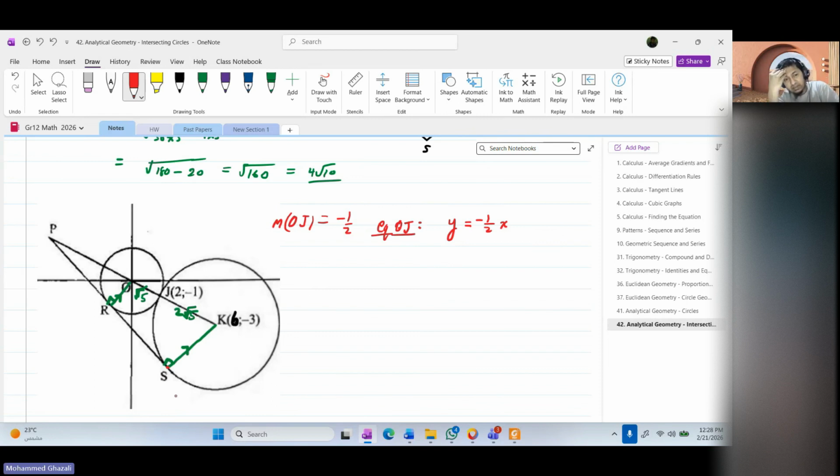I have nothing going there. Is the equation of the circle given here? If the equation of this circle is given, then I can find the coordinates S. Will finding the coordinate S help me out? No, no way.